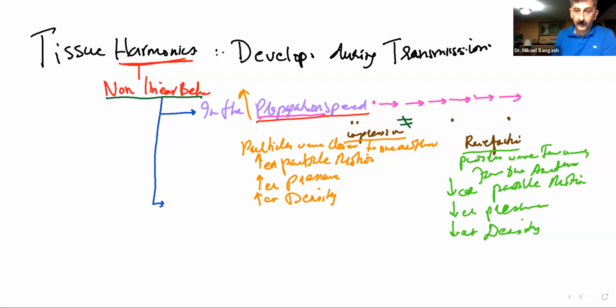But we can say that during the rarefaction, the propagation speed will be relatively lower. So your propagation speed shows nonlinear behavior, which may mean that the speed at which it propagates is not going to be the same if the particles are compressed as it was when the particles were rarefied.